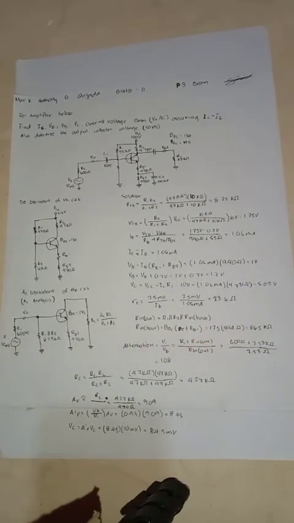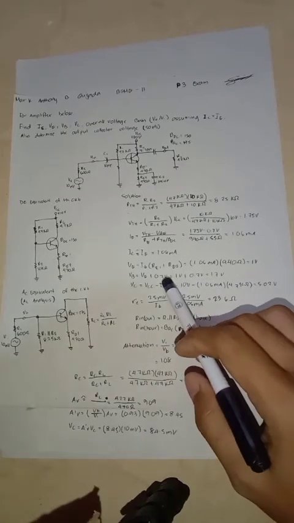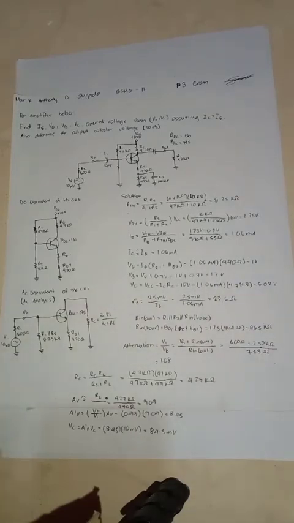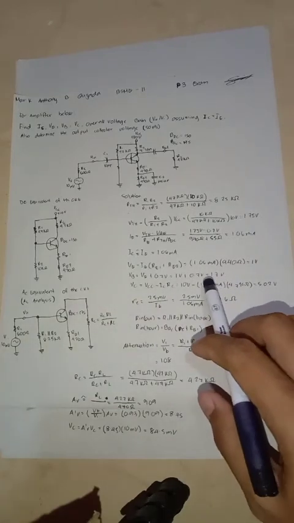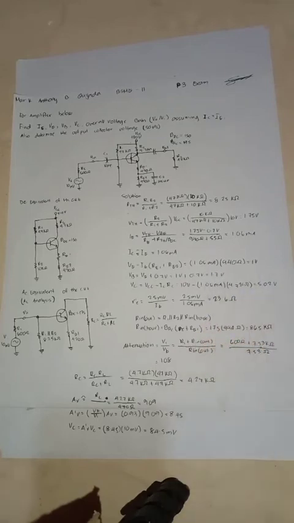And for our VB, the base voltage, the formula is to add the emitter voltage and the 0.7 volts, which is 1 volt plus 0.7 volts, equal to 1.7 volts.